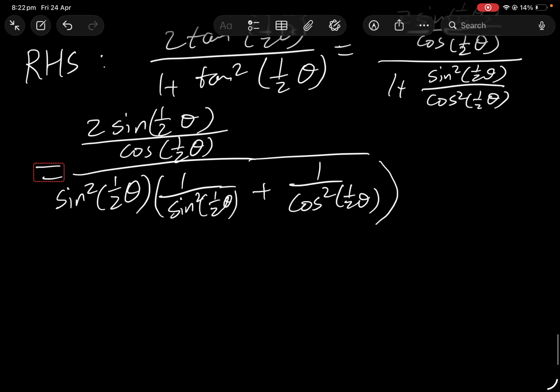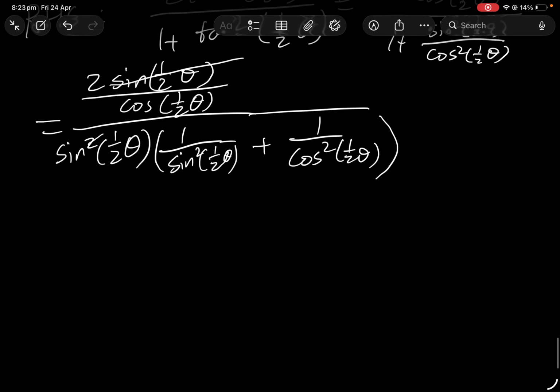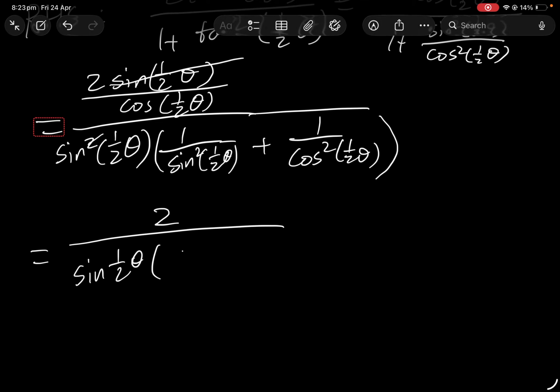Then we can times the cos to the bottom now, and we can also cancel out the sines in this next step. So it will just become 2 on the top. On the bottom, it'll be sine, and we can expand this and then add them together.